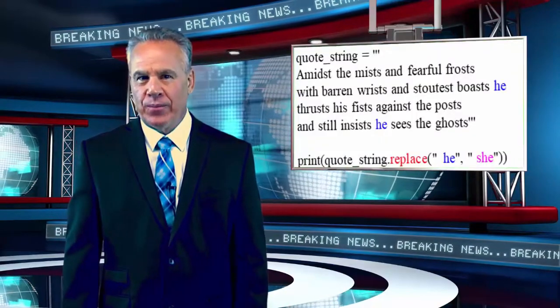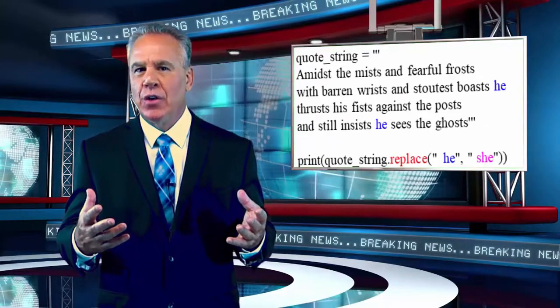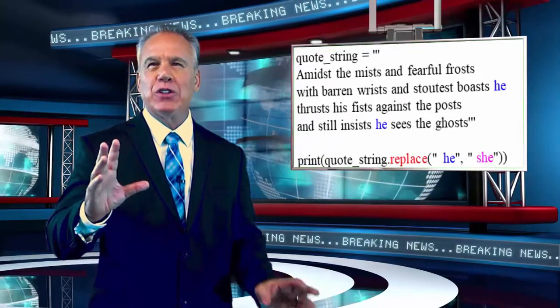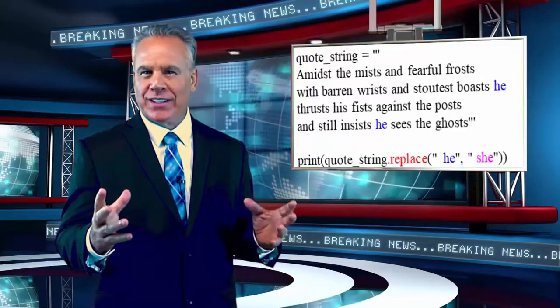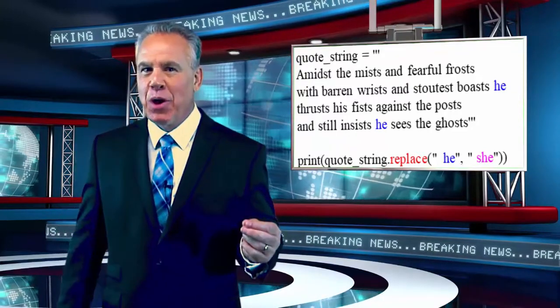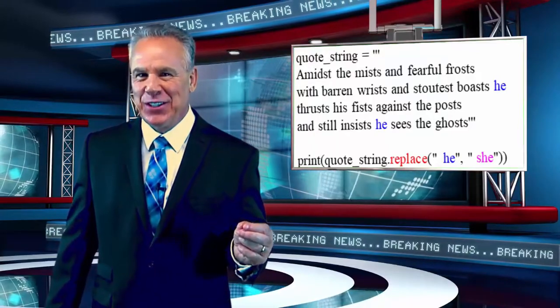We're going to learn how to replace multiple words in a string. Here's our string. Amidst the mists and fearful frosts, with barren wrists and stoutest boasts, he thrusts his fists against the posts and still insists he sees the ghosts.